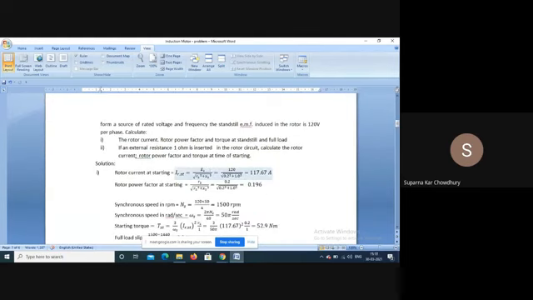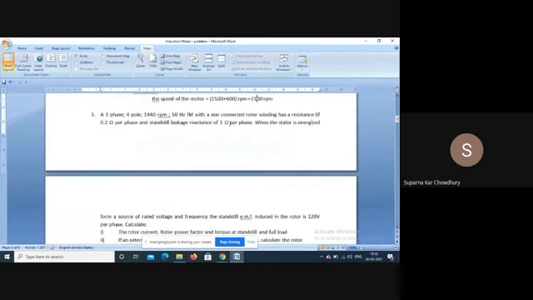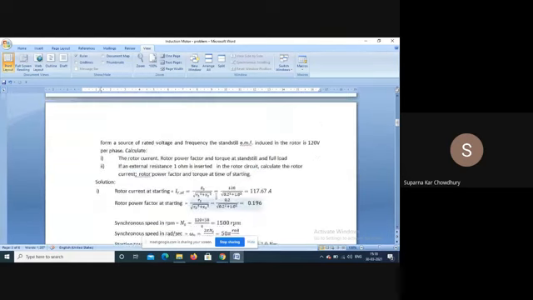So E2 is 120, R2 is 0.2, it is given, and X2 is 1. So putting the values, we get the value of the starting current in the rotor circuit as 117.67 ampere.